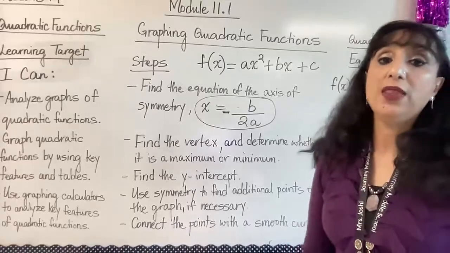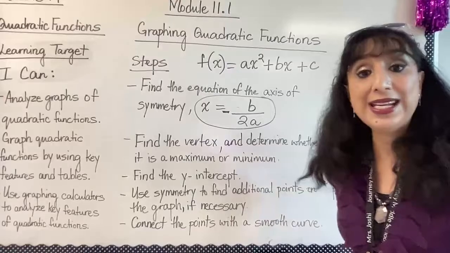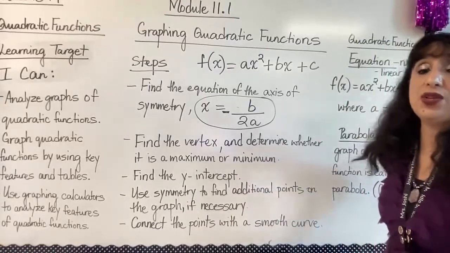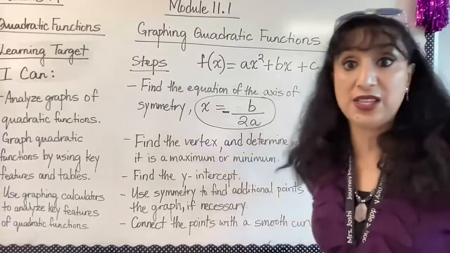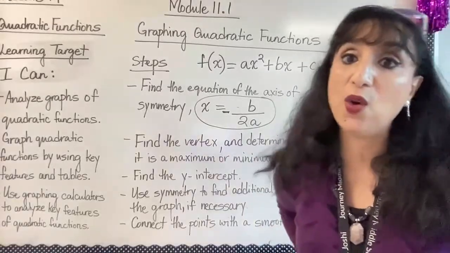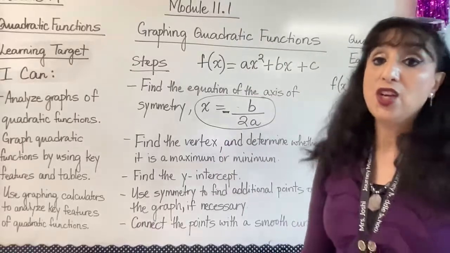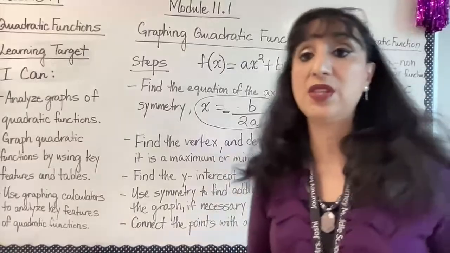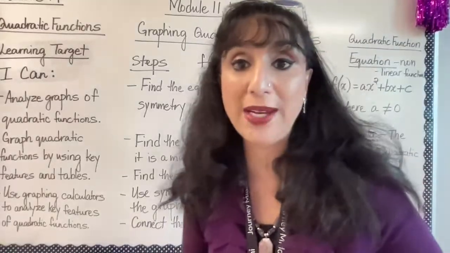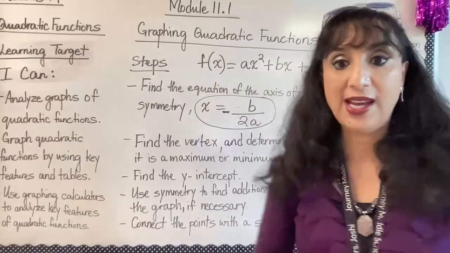We're going to find the y-intercept, and then use symmetry to find additional points on the graph if necessary, and then connect them with a smooth curve. Of course, the first step once again is to find the equation of the axis of symmetry. So let me take you to my whiteboard, and we are going to do exactly what I just said.